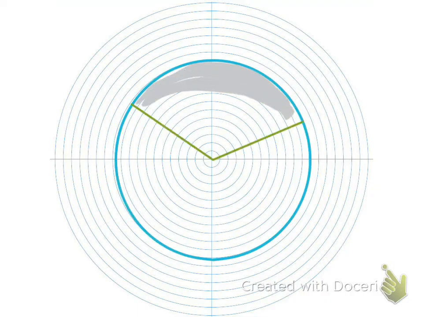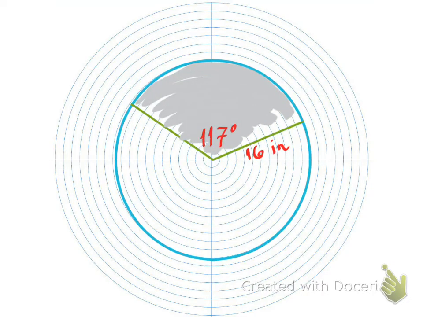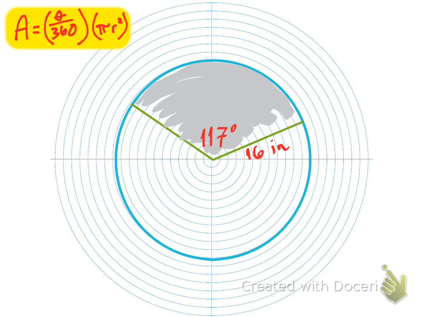Let's try it once just to finish up this video. Let's say we've got a sector in a circle. The central angle is 117 degrees and the radius is 16 inches. So there's our formula, theta over 360 times pi r squared. We're going to figure out theta over 360 first. That happens to be exactly 0.325.